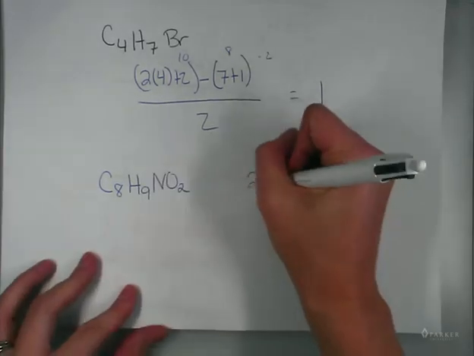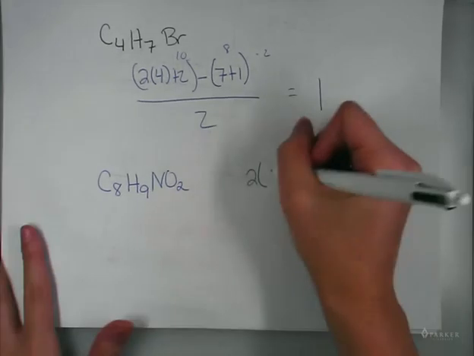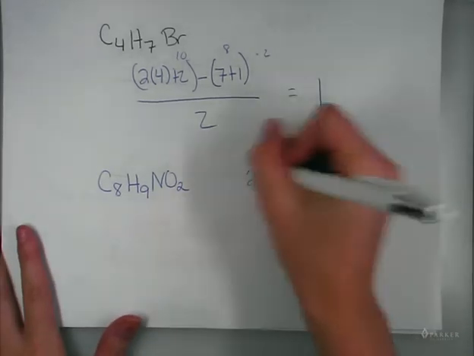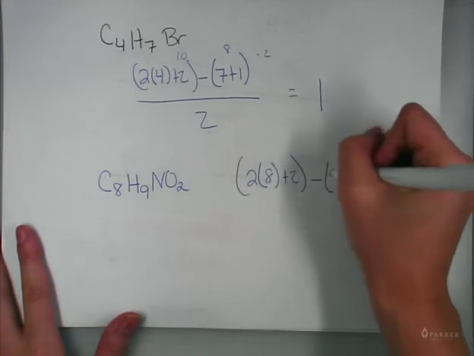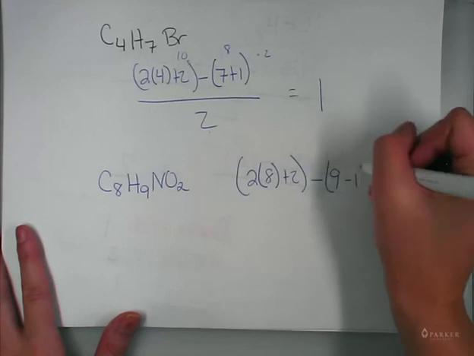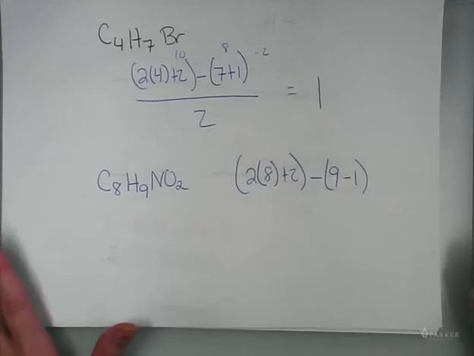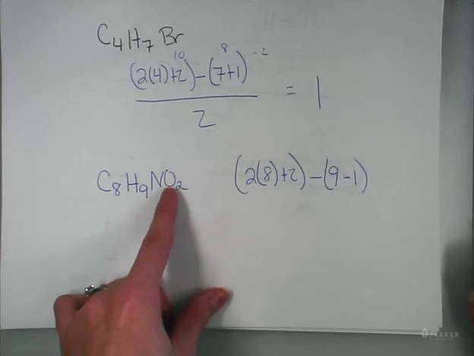Okay, I have 2 times how many carbons? 8, plus 2, minus what? 9, minus 1. Are there any halogens? No. Did I put oxygen in the formula?